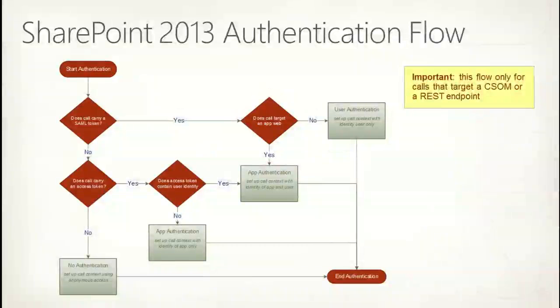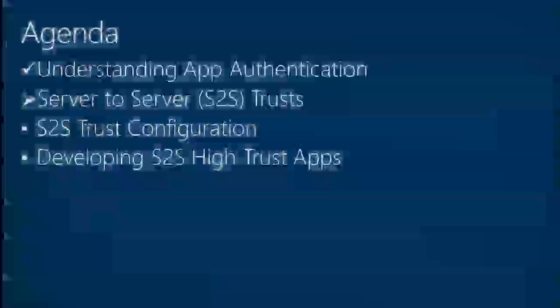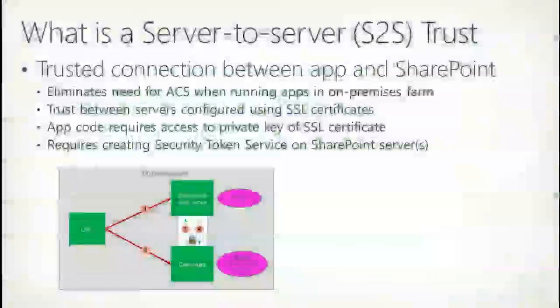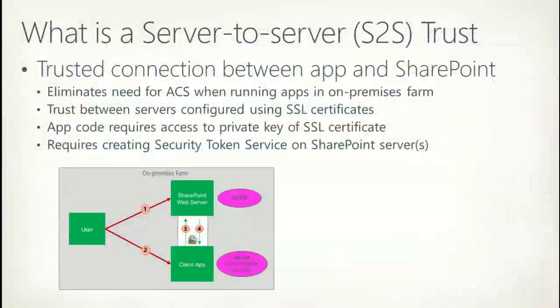Okay, so now we've kind of gotten through the basics of how app authentication works. And it's important to understand when internal authentication is used, and then when external authentication is used, which is what we'll focus on now. Okay, now what is S2S, or server-to-server trust?